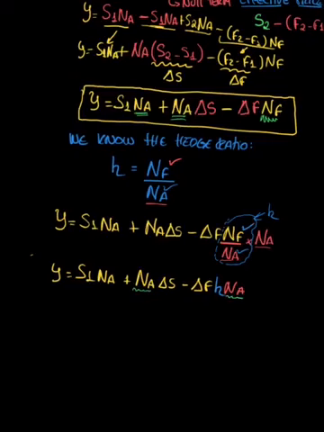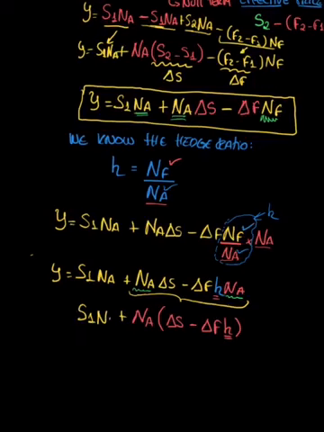So we can factorize the formula. If I factorize this piece of the equation, NA goes out and we write it as a difference between delta S and delta F H. Do not forget the H. Many people forget the H in this step. And this part here just comes directly, just a copy.